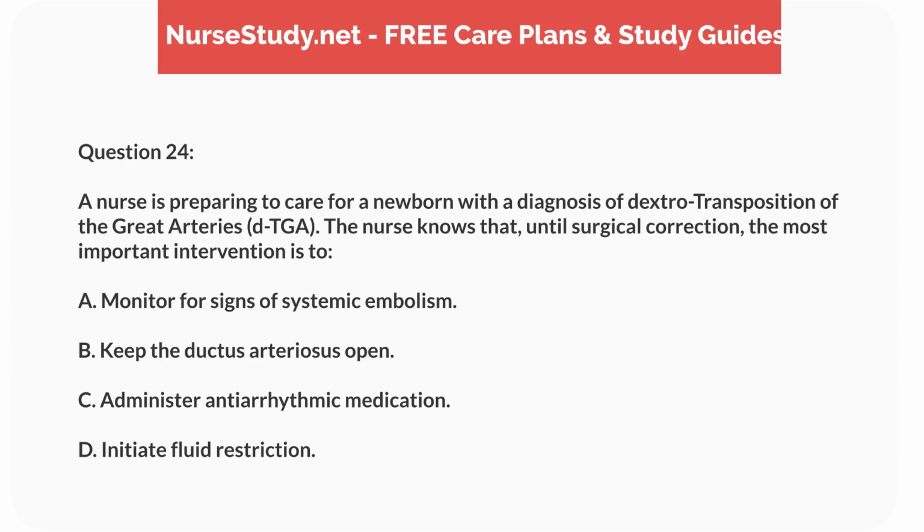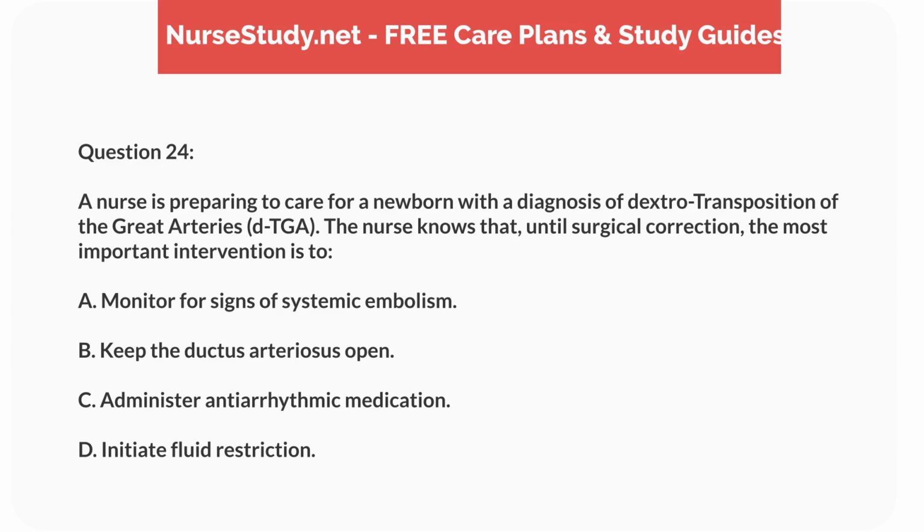Question 24. A nurse is preparing to care for a newborn with a diagnosis of dextrotransposition of the great arteries. The nurse knows that, until surgical correction, the most important intervention is to A. Monitor for signs of systemic embolism. B. Keep the ductus arteriosus open. C. Administer antiarrhythmic medication.